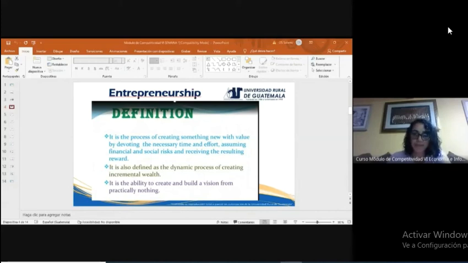It is the ability to create and build a vision from practically nothing. You see how interesting that one is, the last one, I like it, because it is an ability to create. We have this ability, and through entrepreneurship, we want to build this ability.